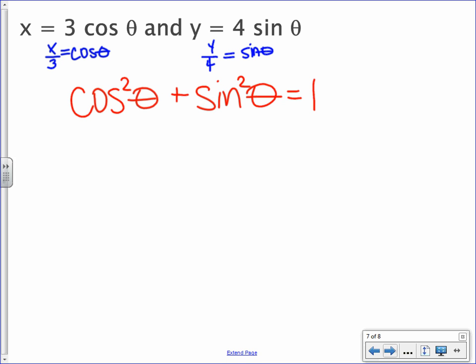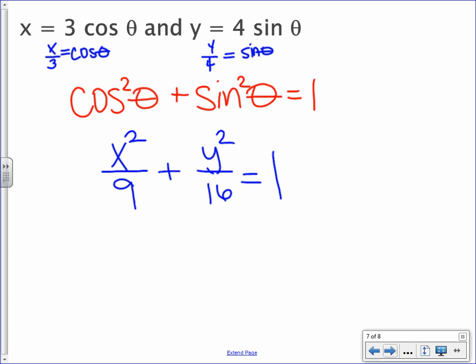So, if I use that, and I use this identity, what is cosine squared? x over 3, the quantity squared, so x squared over 9. What is sine squared? y squared over 4. Or 16. Thanks. I got excited.